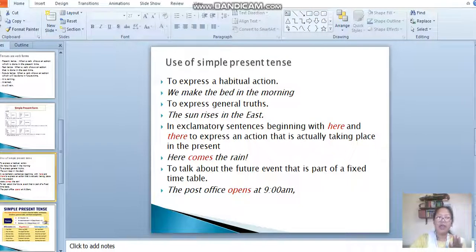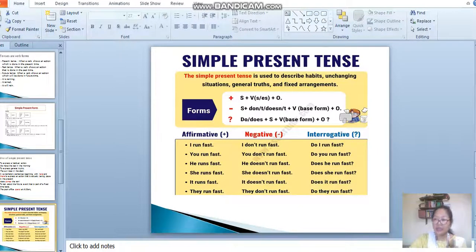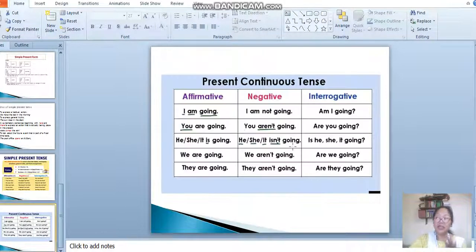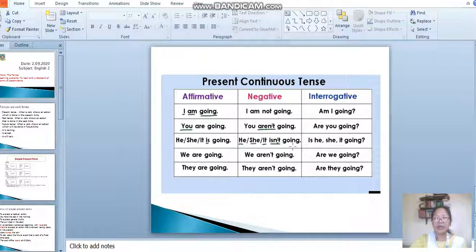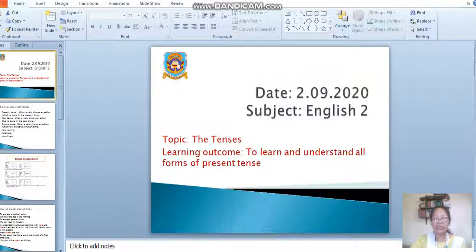We have learned three kinds of sentences, how to use simple present tense and present continuous tense in affirmative, negative and interrogative sentences. I hope this was clear to all of you. If you have any doubt, keep it with you, and we will discuss it in the next class.